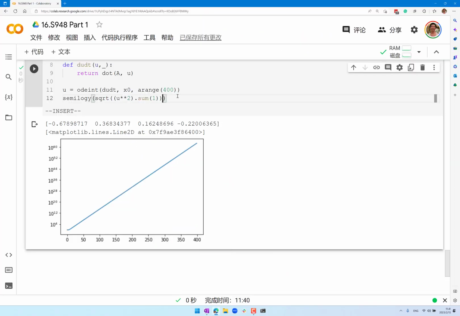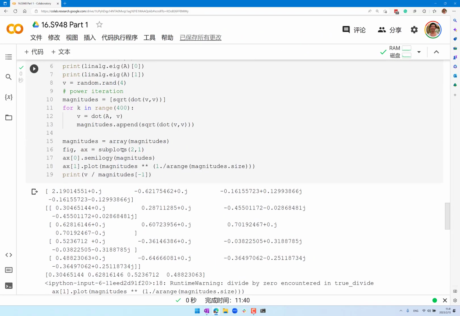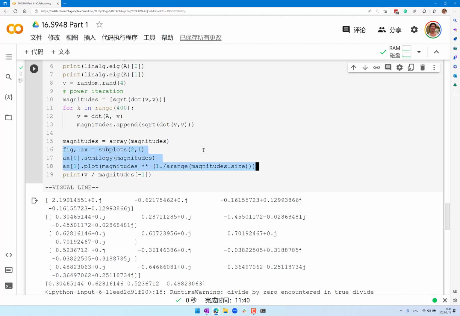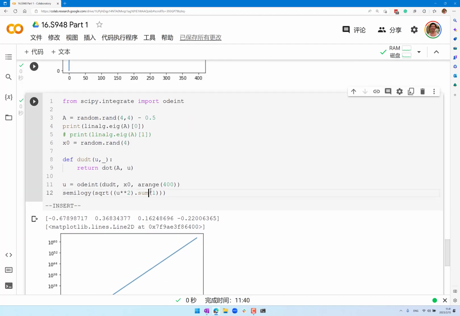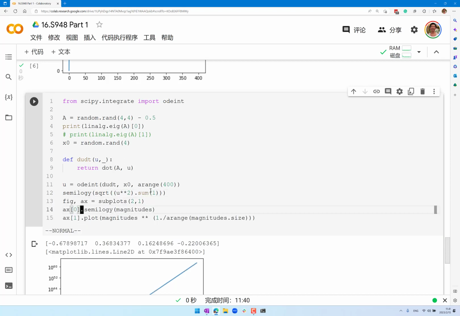So let's do that. Let's actually copy the code I have previously. Going to do a semilog plot on the first axis. Actually, let's do it side by side.